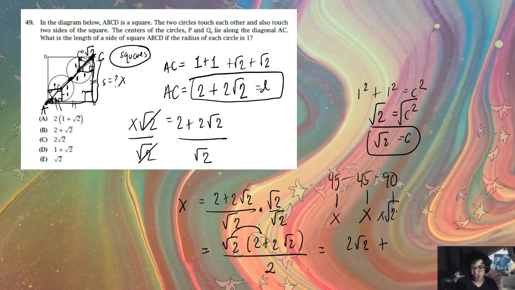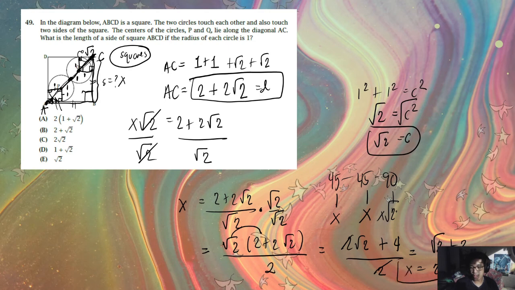So that's going to be 2 times 2, which is 4. Okay, so again, that's 2 square root of 2. So that's square root of 2 times square root of 2, which is 2. And 2 times 2 is 4, all over 2. Now this cancels out. Okay, so this gives us square root of 2 plus 2. Or simply 2 plus square root of 2.